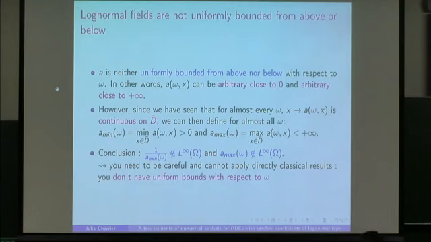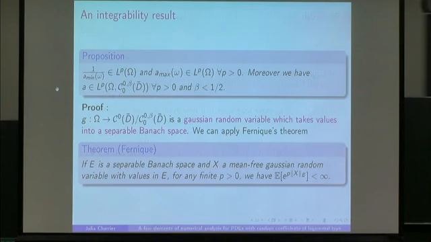And now I'm going to explain how you can. It's not as bad as it could seem, because you don't have an L infinity norm for this function of omega, but it's in all the Lp spaces for any finite p.